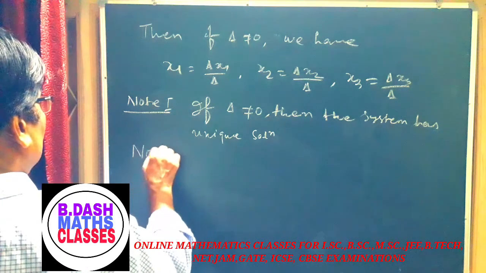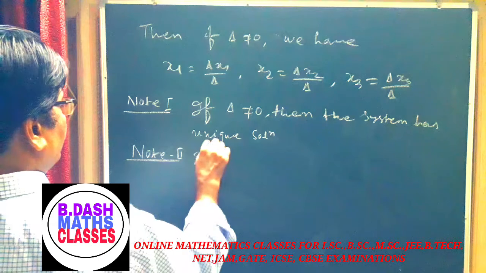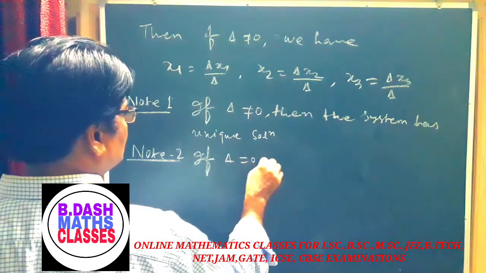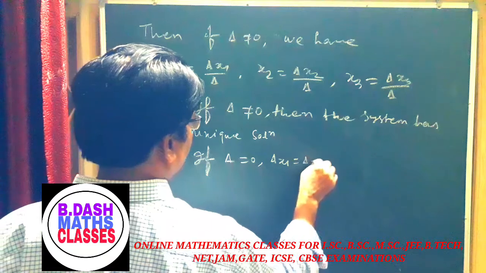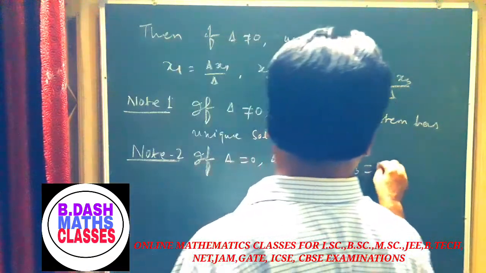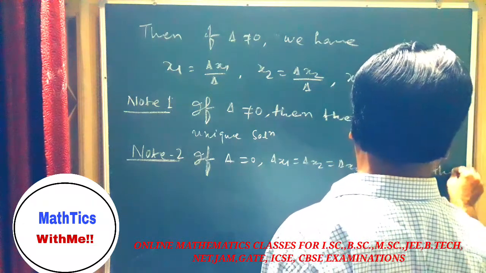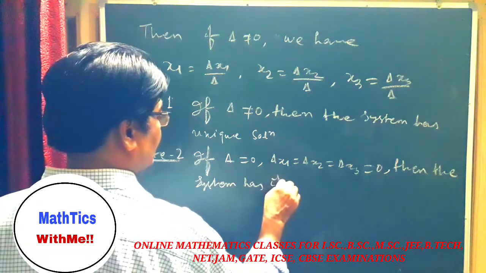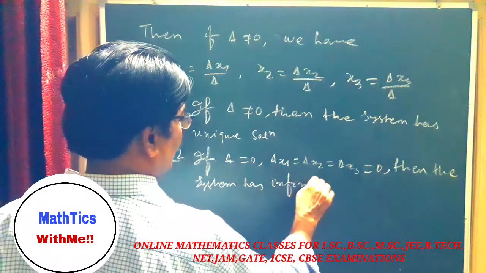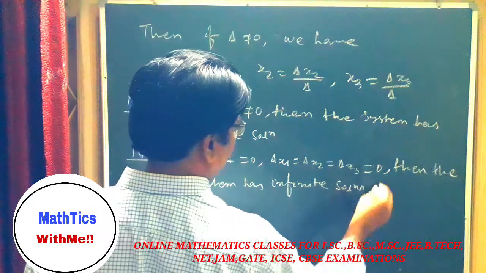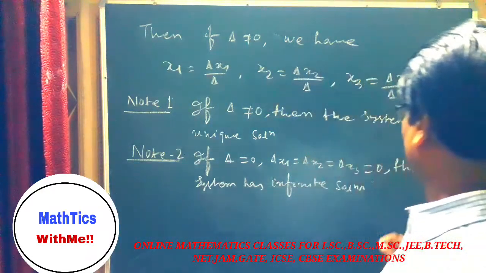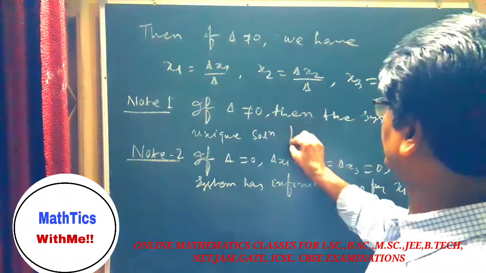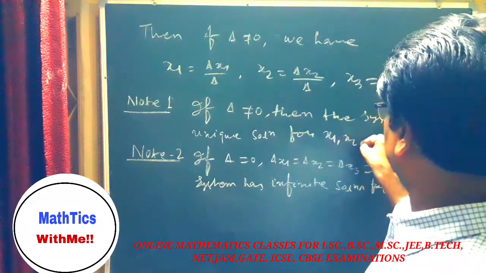Note 2. If delta is equal to 0, and also delta x1, delta x2, delta x3 are equal to 0, then the system has infinite solutions for the unknowns x1, x2, x3.